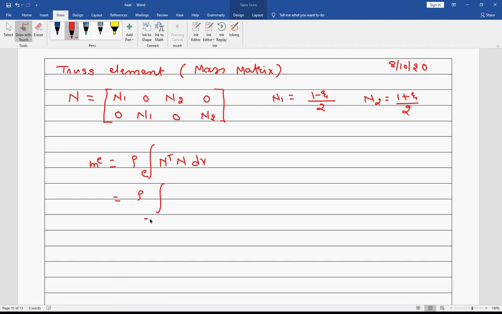So rho integration from minus 1 to 1 of N transpose N, where I can write dV as dx for the truss element and dx as Le by 2 dxi. So I'll have Le by 2 dxi, and therefore the limits are minus 1 to 1.